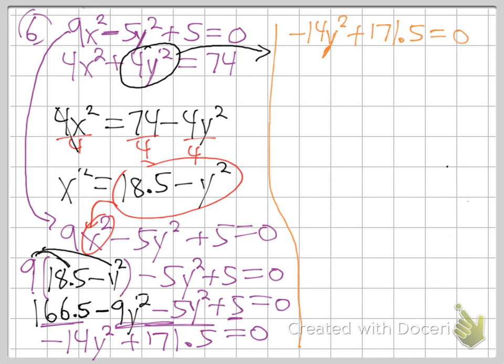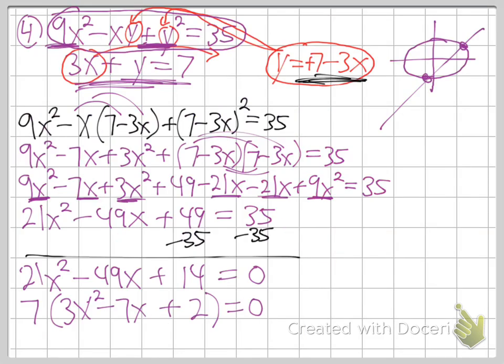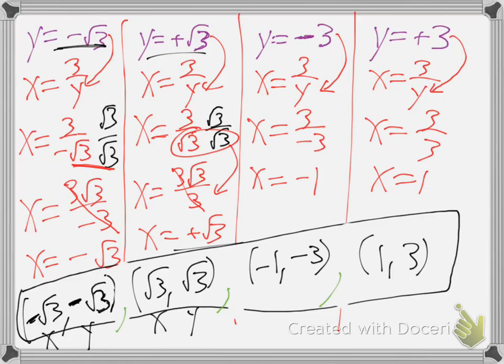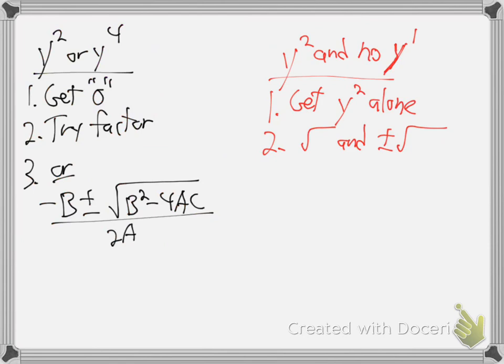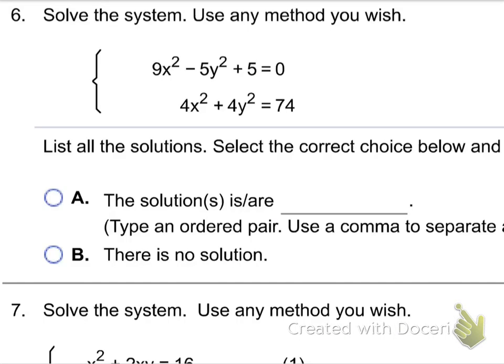When you see y squared and just numbers, I remember back here when I gave you the basic game plan for this whole section, I said when you see y squared and no y to the first, no regular y, you just get that thing alone and root it. You don't have to do the whole zero factor in that case. So that'll be easier.